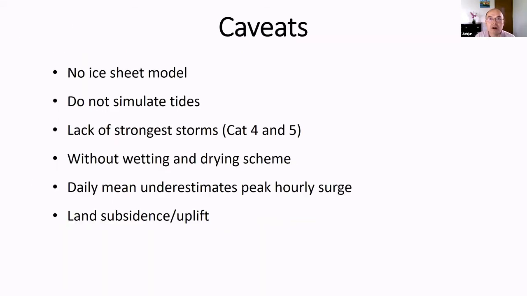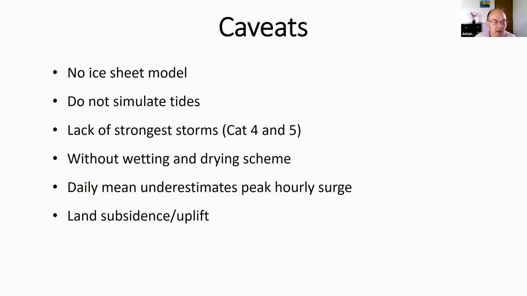So before going to the conclusion, I want to discuss the caveats. So the model limitations. There's no ice sheet model, so there's no land ice melt contribution to sea level rise, and no impact on the AMOC change in the model.